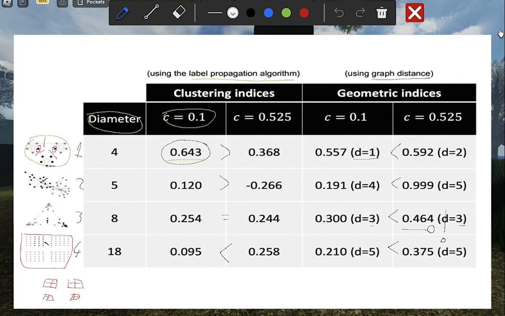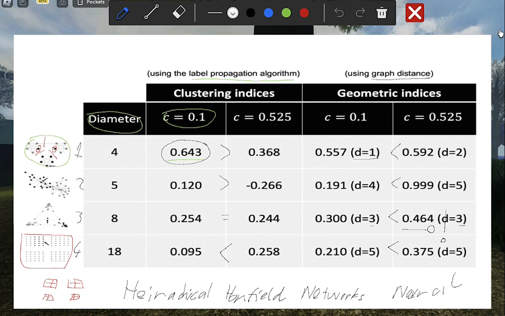There's also a great paper called Hierarchical Hopfield Networks, in a journal called Neural Computation, released a couple of years ago.